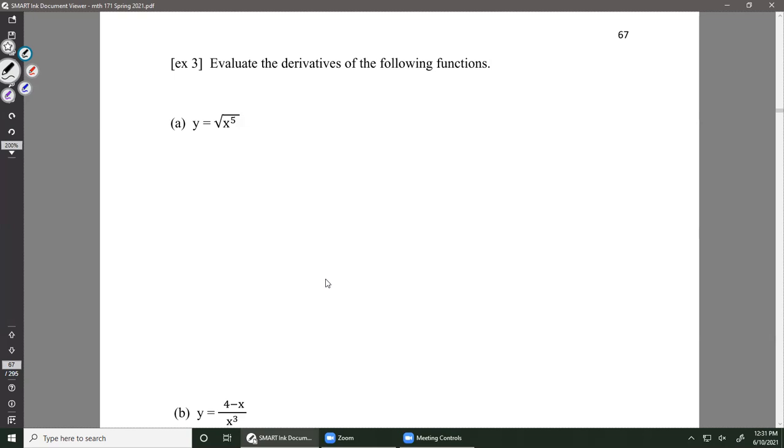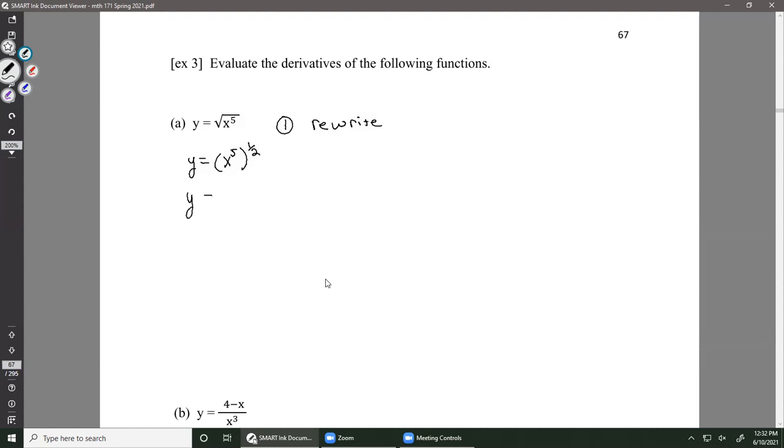So the first thing I'm going to do is rewrite it so that we just have one exponent on the x. So y is really equal to x to the 5th raised to the 1/2. If you remember that from back in the college algebra days. Well, we can take this and rewrite this again.